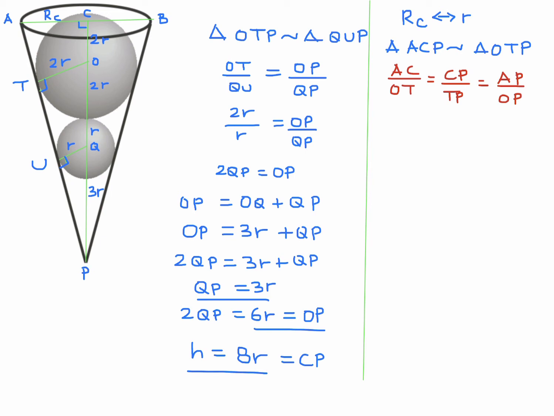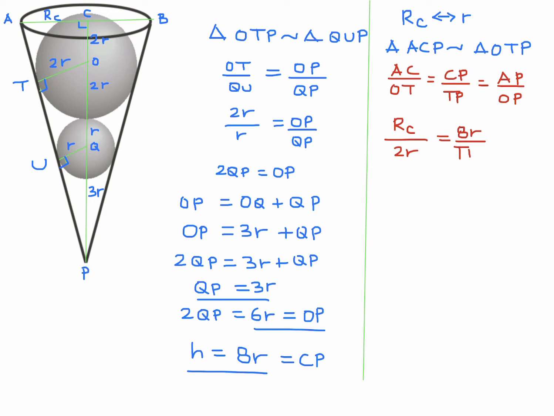All right. So let's label in AC is RC, the radius of the cone. OT, do I know anything about? Yeah, it's 2R. Okay, great. CP, that's the height, remember? And the height, I already figured out a relationship, so that's 8R. TP, I don't really have anything yet.